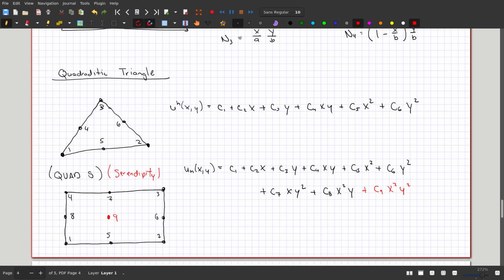And because of that coupling, if you use equal order interpolant elements, so if you use, say, quad 4 for the pressure and a quad 4 for the displacements, you'll violate something called the inf-sup condition, and it is proven to be unstable. Okay, so one way to correct that is to use unequal interpolated elements.